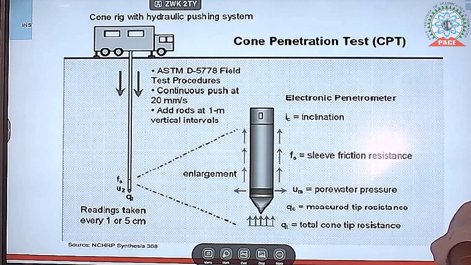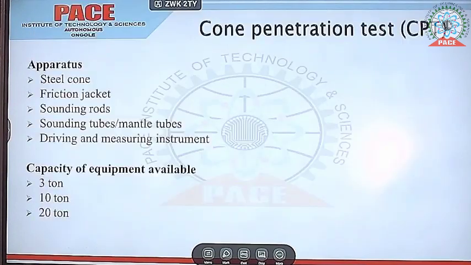Mainly, the cone penetration test has these important components: steel cone, friction jacket, sounding rods, sounding tubes or mantle tubes, driving and measuring instrument. The capacity of equipment is available in 3 tons, 10 tons and 20 tons.